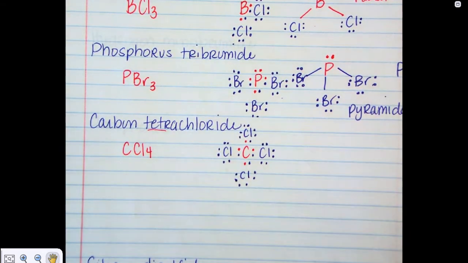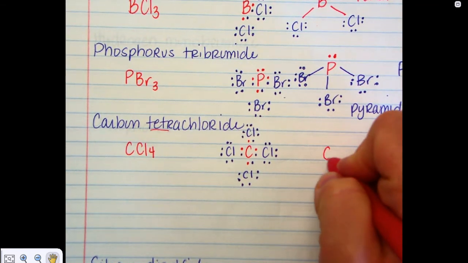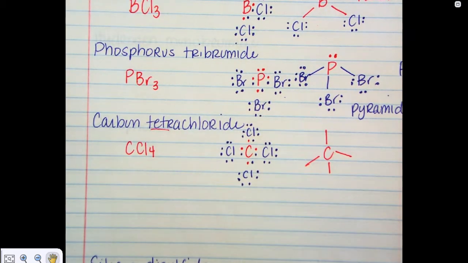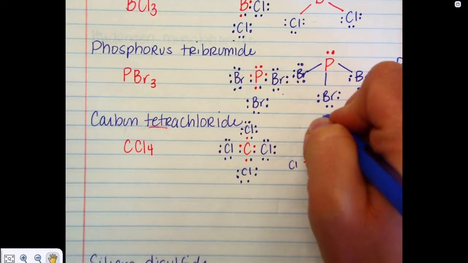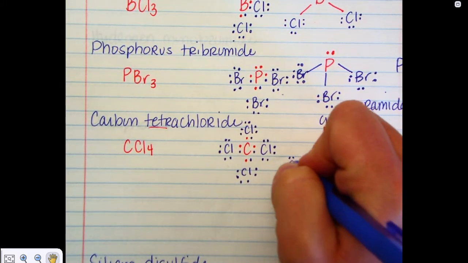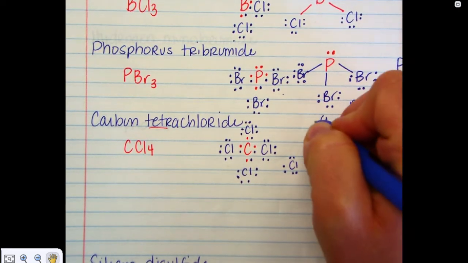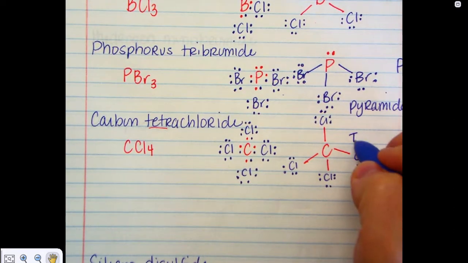Okay. So carbon in the middle, carbon made 4 bonds, tetrachloride, that should remind you we're making a tetrahedral shape. So carbon, 1, 2, 3, 4, and then our 4 chlorines, Cl, Cl, Cl, Cl. Okay, and that shape again is tetrahedral.